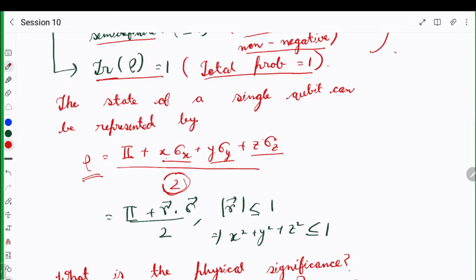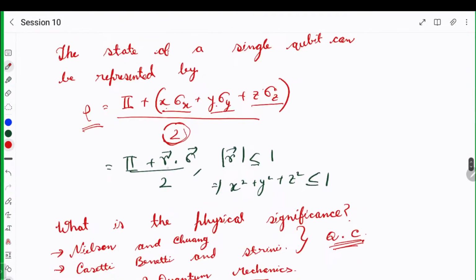And this expression x sigma x plus y sigma y plus z sigma z could be represented as r dot sigma. So basically, you could write rho as I plus r dot sigma, whole divided by 2. But there was one additional constraint that mod r has to be less than or equal to 1, or in other words, x squared plus y squared plus z squared is less than or equal to 1.